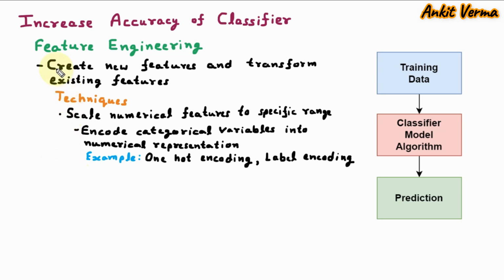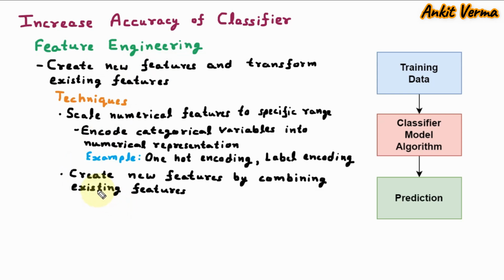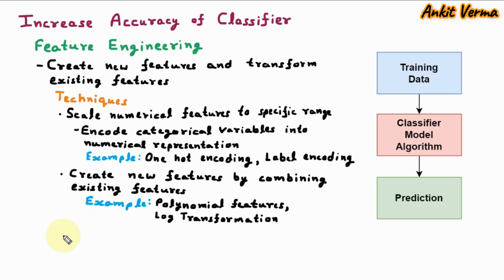The next technique under feature engineering is create new features by combining existing features. Here the features which are already available, they are combined and new features are created. The examples are polynomial features and log transformation.